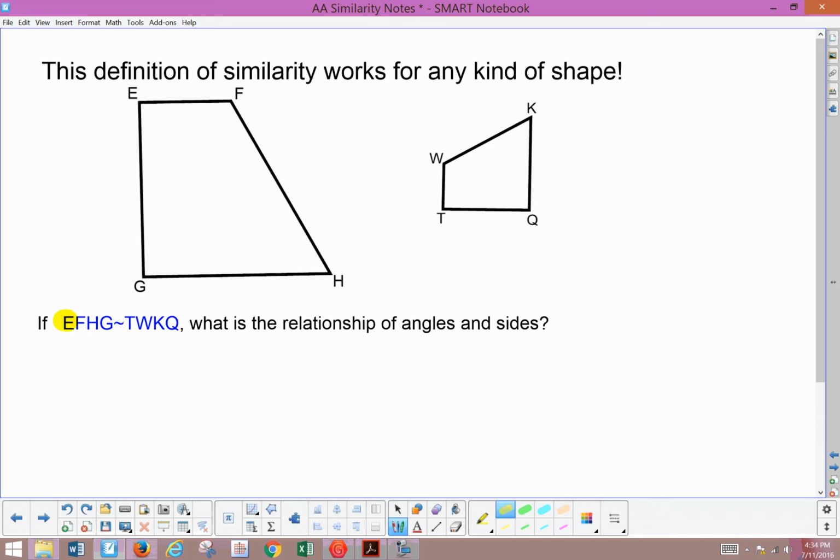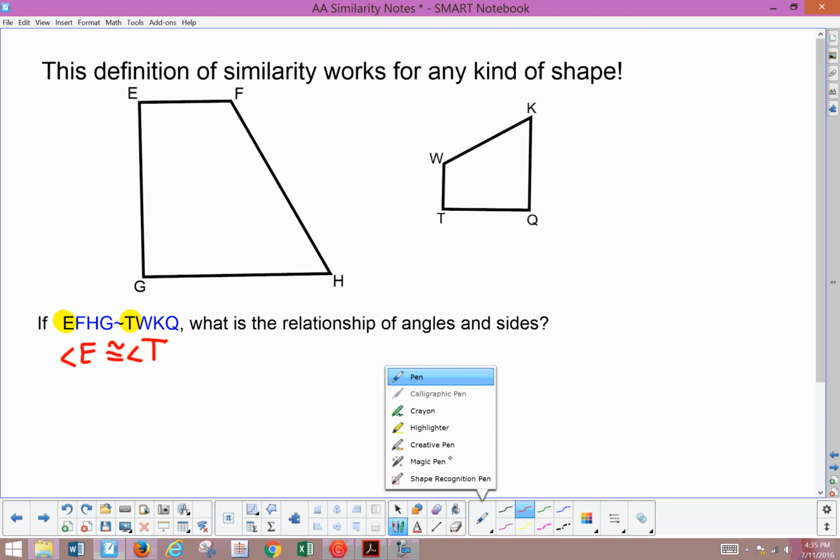If you take a look at the order, E was listed first. It is listed on the second figure with a T first. That means that I know those are my angles that match. So I can say angle E is congruent to angle T. I can do the same thing with the next set of angles.